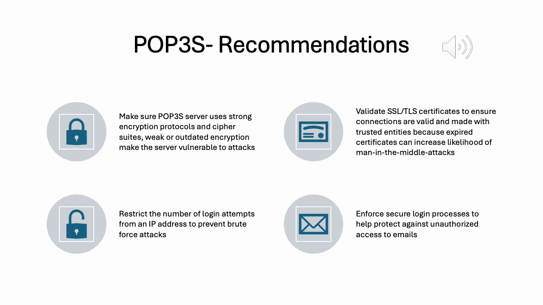Weak or outdated encryption methods can be exploited by cybercriminals to decrypt messages or intercept sensitive data. Second, validating SSL and TLS certificates is crucial to preventing man-in-the-middle attacks, in which an attacker impersonates a trusted email server to intercept communication.